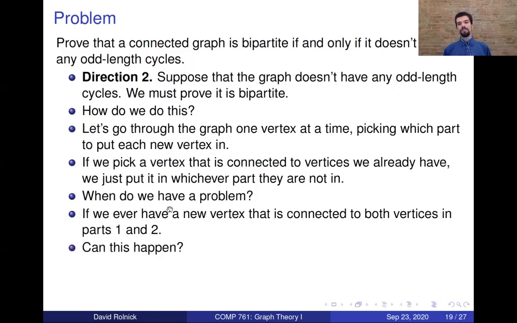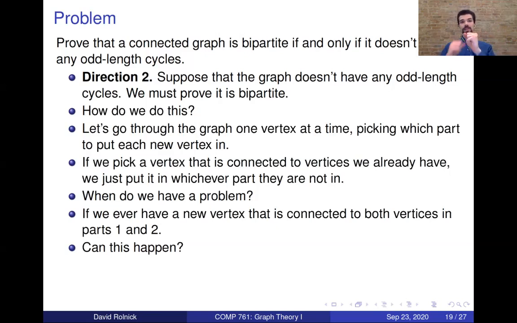Can this happen? We are gradually building up this bipartite graph, and suddenly we get a contradiction.